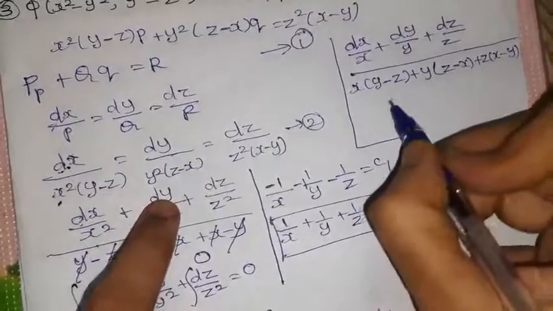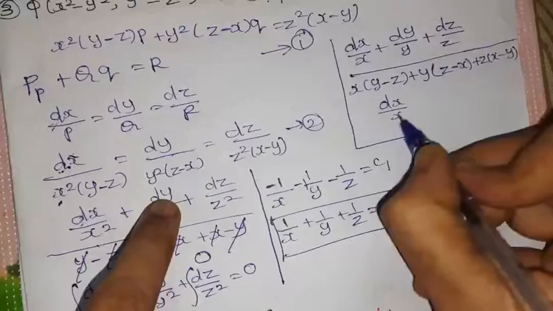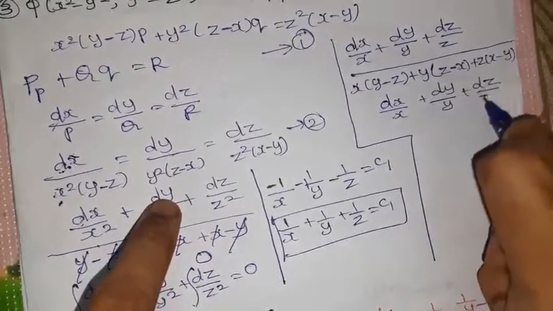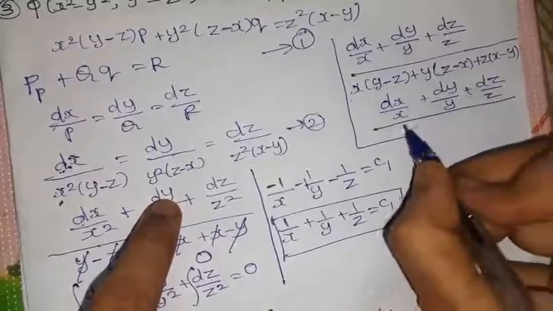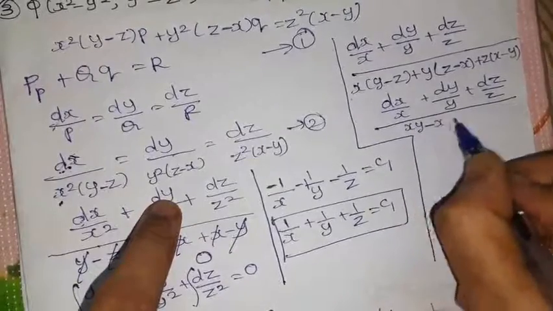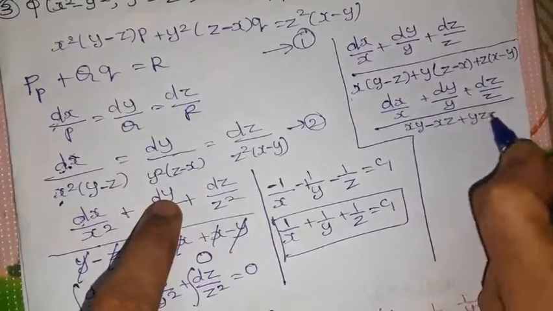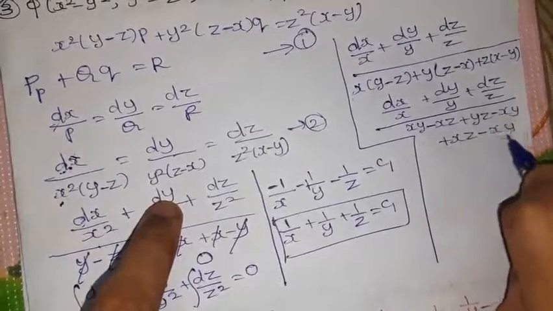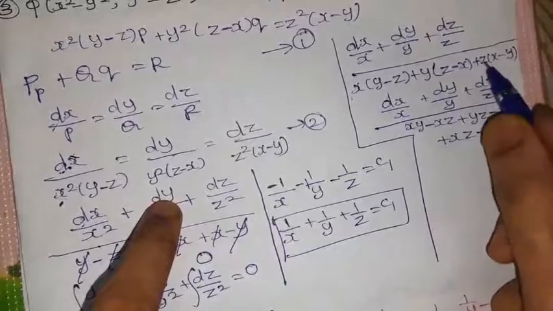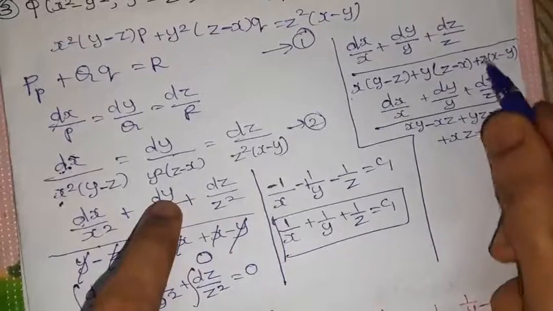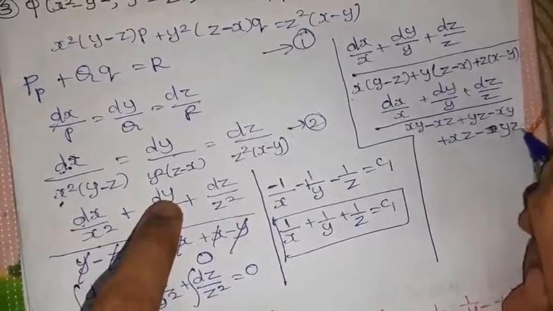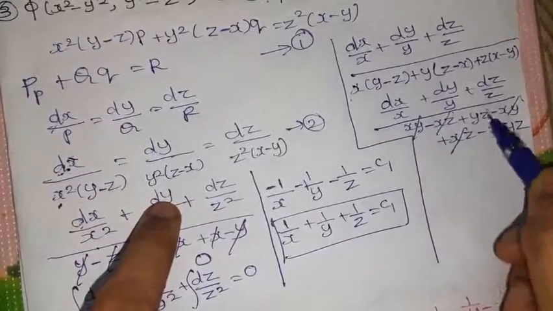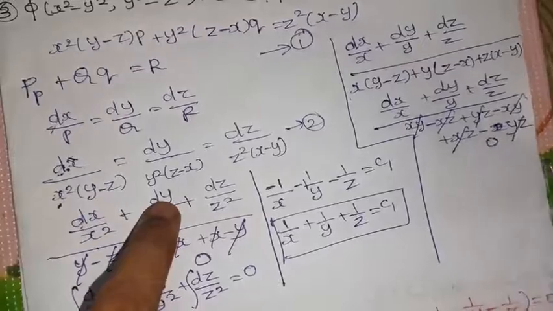So dx by x plus dy by y plus dz by z divided by the sum: xy minus xz, plus yz minus xy, plus xz minus yz. Everything cancels and we get 0.